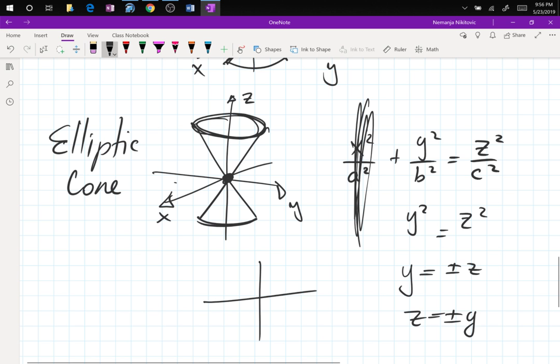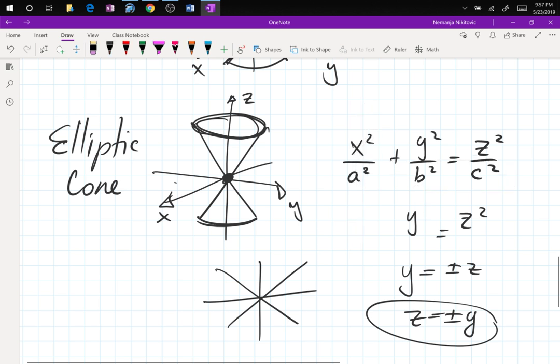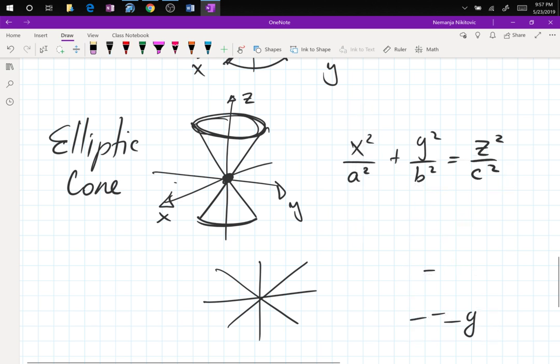These are 45-degree lines, like that, which is exactly what we see as a trace. So whether you cut in x or y, you will always get these intersecting lines. Now they're going to be at an angle. This is 45 because the slope is 1, but these guys will give you the slope at which they intersect. So that's that. Great.